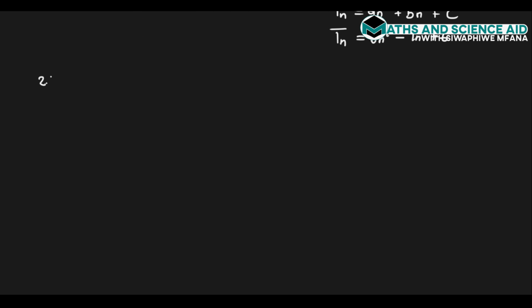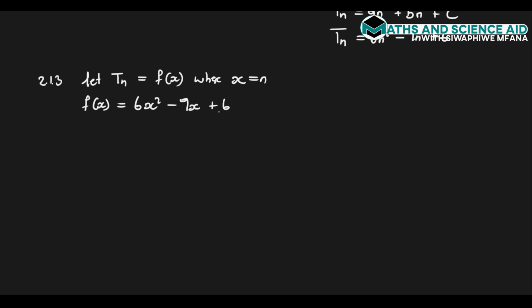So this is 2.1.3. The best way to think about this problem is to first take this quadratic pattern as a function. Let us let Tn equal to f of x, where x is equal to n. So this means that we can write this nth term as f of x is equal to 6x squared minus 9x plus 6.